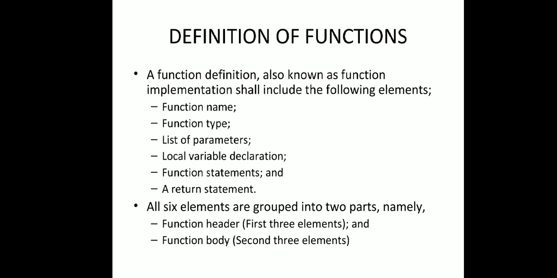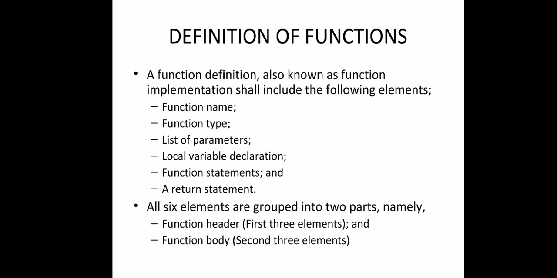So all these 6 elements are grouped into 2 parts. The first 3 elements are called function header, that is function name, function type and list of parameters. So all these elements are listed in a single line. First one is function type and then function name. So inside the parenthesis we have list of parameters. So all these are included in a single line.